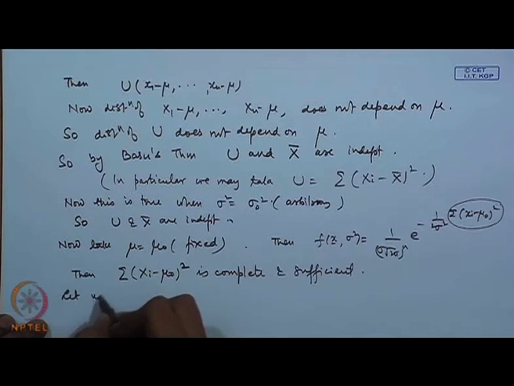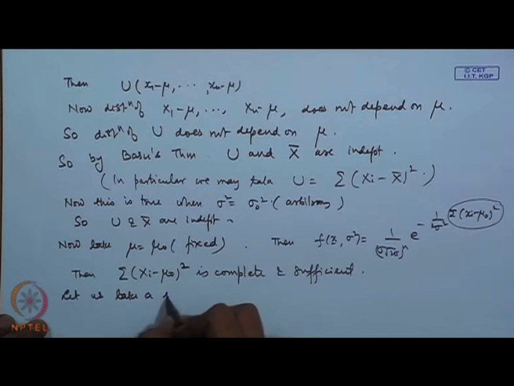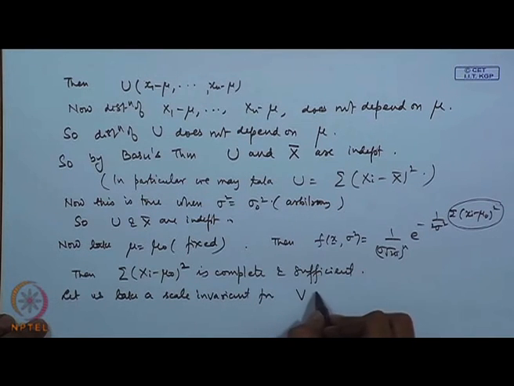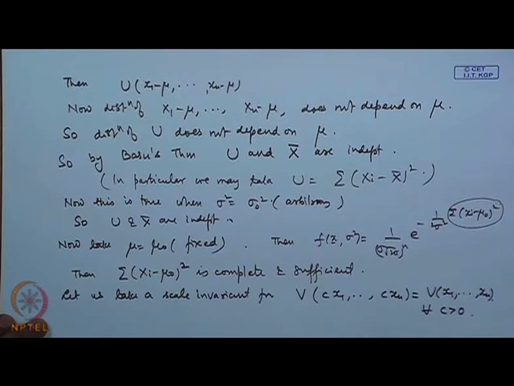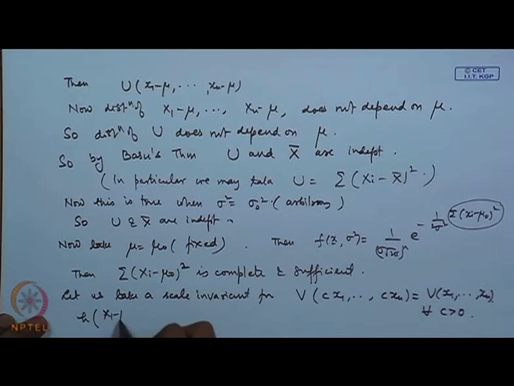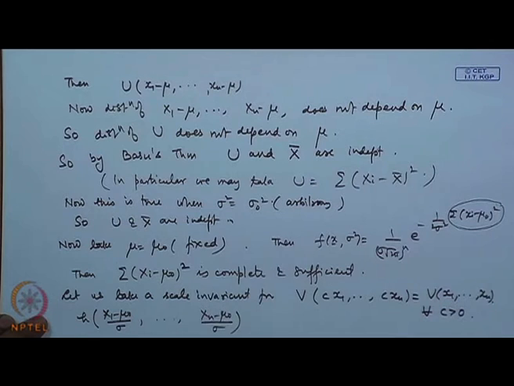Let us take a scale invariant function v, that is v of c x 1, c x 2, c x n is equal to v of x 1, x 2, x n for all c positive. Then in particular I can consider this to be a function of say h of x 1 minus mu naught by sigma and so on, x n minus mu naught by sigma. Let me call it w.